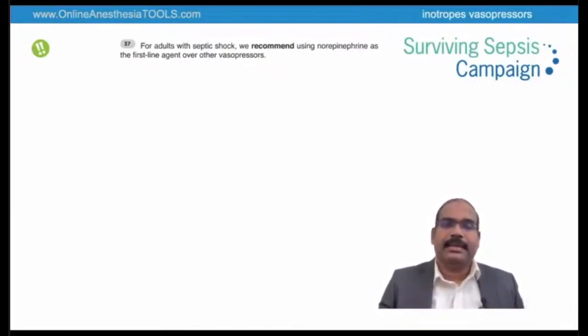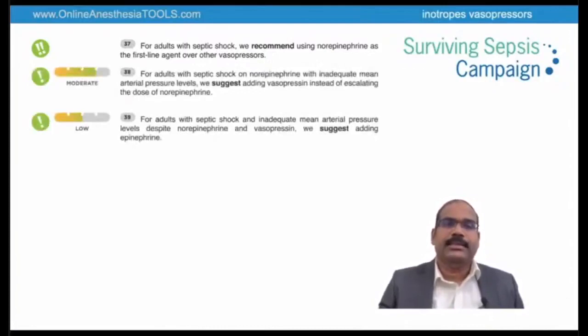The MAP is a target for resuscitation because it reflects the perfusion of the vital organs. MAP more than 65 is the resuscitation goal in the early stages of septic shock. Vasopressin is used as a catecholamine sparing agent to reduce the norepinephrine dosage. Epinephrine is considered as an adjunct to norepinephrine if the MAP is not adequately increased.